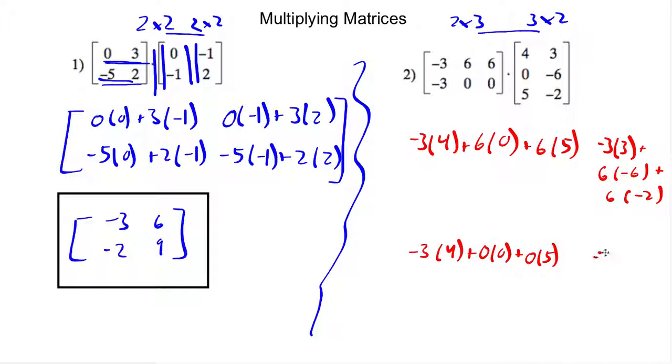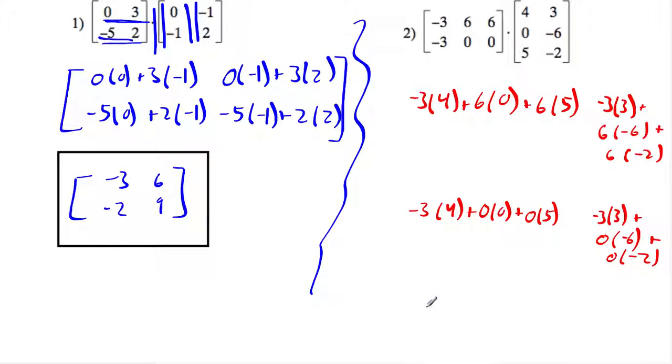And then followed by negative 3 times 3 plus 0 times negative 6 plus 0 times negative 2. So adding all these together, I'm going to get a negative 12 plus 30, which is going to be a positive 18. And then this is going to be a negative 9 plus a negative 36 plus a negative 12. That's going to be negative 57. And then down here, this is just a negative 12 and a negative 9.